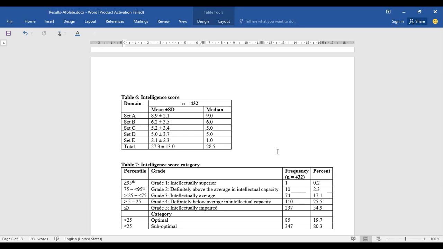But if you look at the objective, you said to determine nutritional status using anthropometry. The BMI percentile is the anthropometric, weight and height.